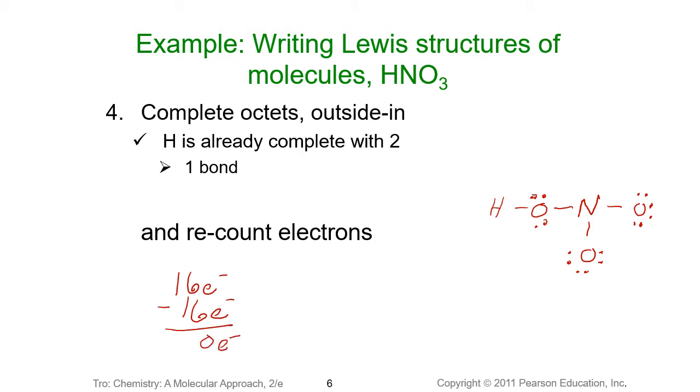We have no more electrons to use. The hydrogen is already complete because it's forming 1 bond, and so hydrogen doesn't get any more electrons. We've completed the octet for each of the oxygens by adding 6 electrons in lone pairs to the right and the bottom oxygen, and 2 lone pairs to the oxygen on the left, which already has 2 bonds.